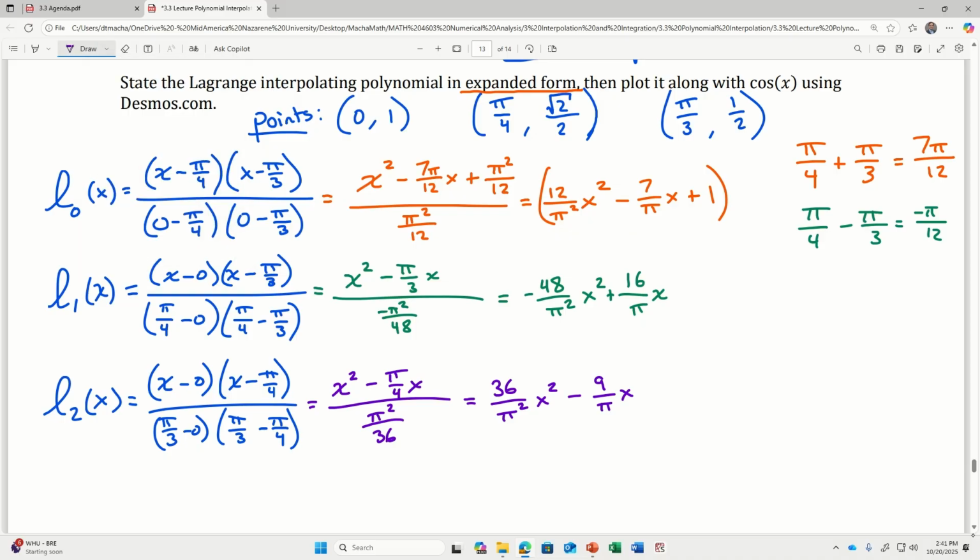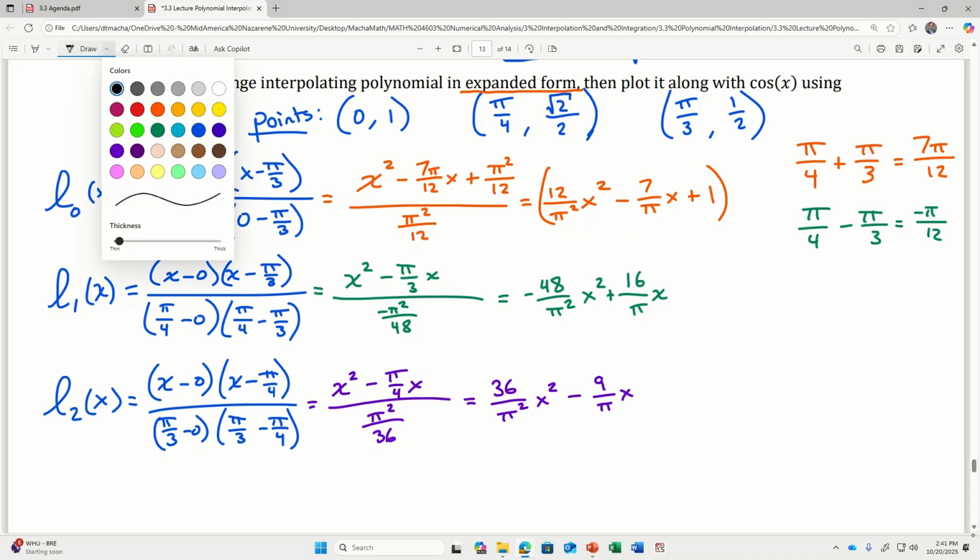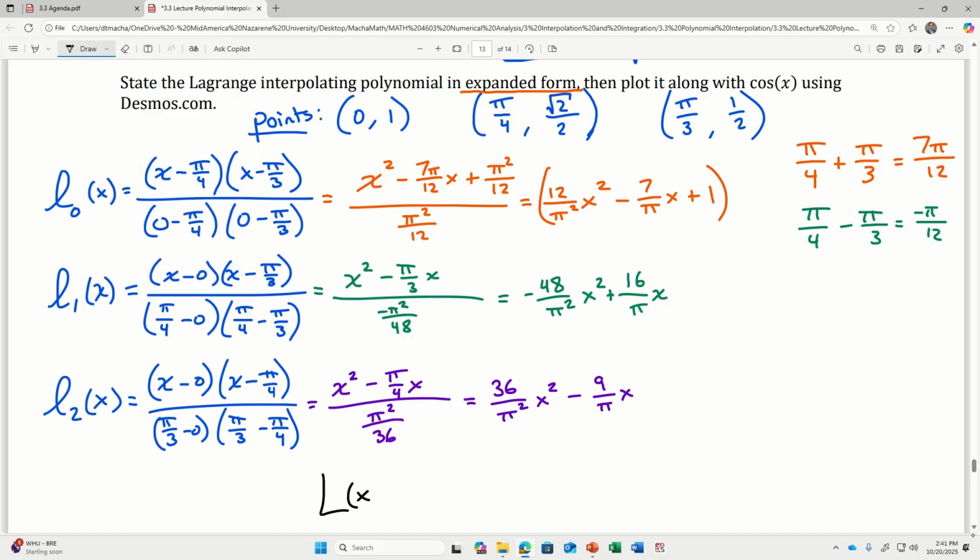And so we're almost there. Now we got to put together the Lagrange interpolating polynomial. And the Lagrange interpolating polynomial is going to say, I'm going to multiply the y coordinate times the Lagrange basis polynomial. The first y coordinate is 1, so we would just write out the basis polynomial. The second y coordinate is square root 2 over 2.